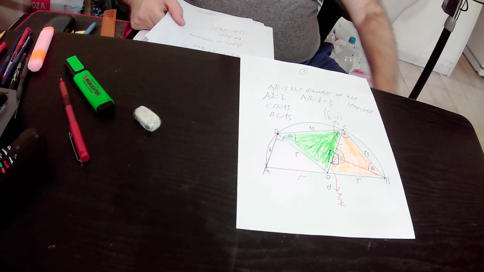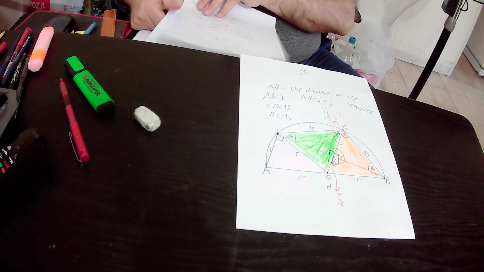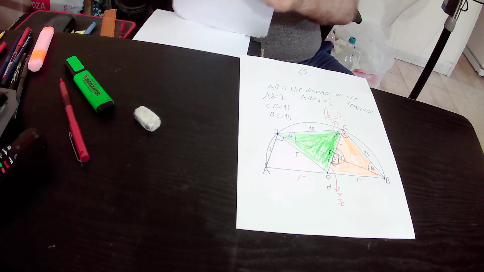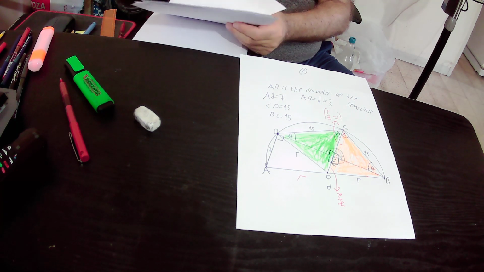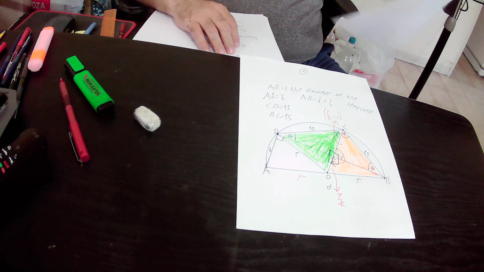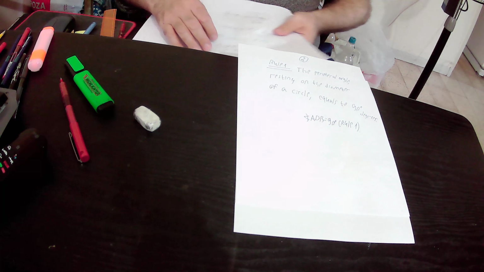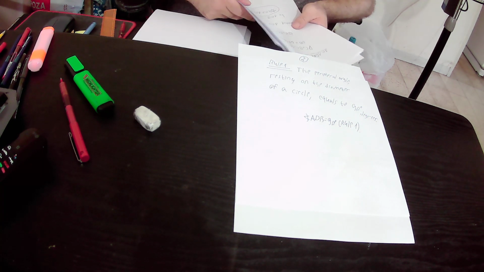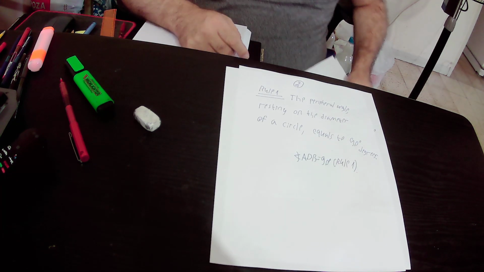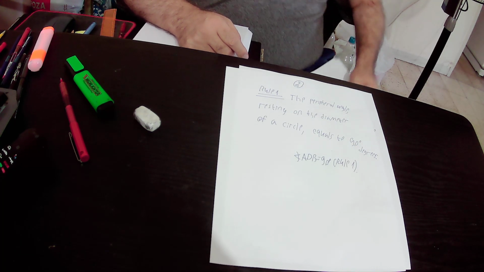then we actually have a rule. I called it rule number 1. Rule number 1 states that the peripheral angle resting on the diameter of a circle equals 90 degrees.